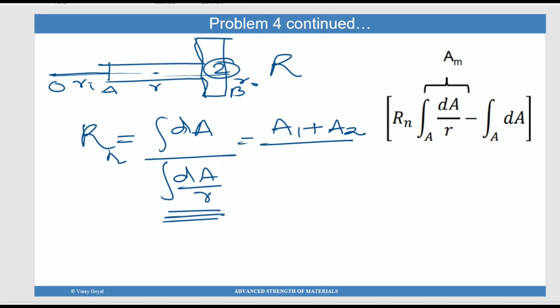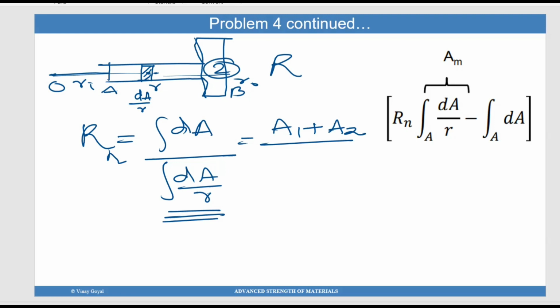So what you do is you take a small patch of dA here, say at radius R, and you say this is dA by R, and you integrate it over the entire cross section. That is how you get the denominator. We are going to make it slightly easier by separating into two sections. So what is the dA for this?